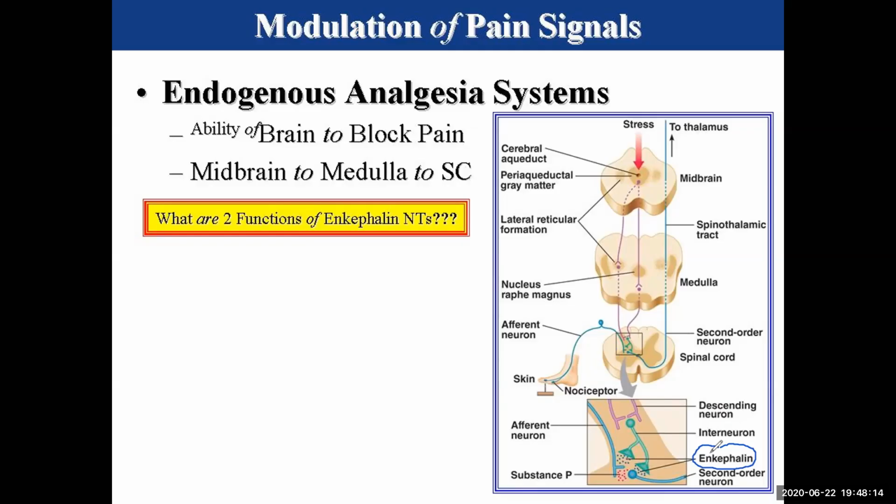First, it reduces the amount of neurotransmitter released by the afferent neuron here. So this is a sensory neuron. This is the first order neuron, right? So the first order neuron releases substance P, a neurotransmitter.